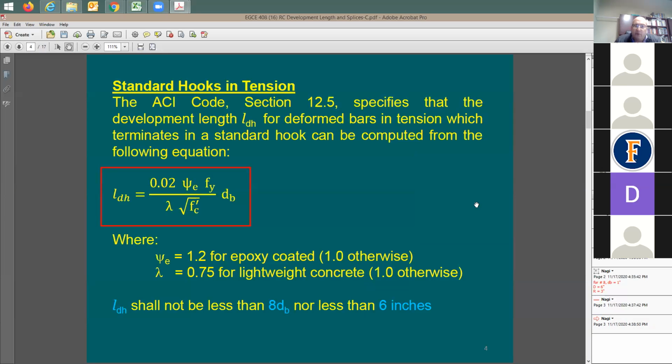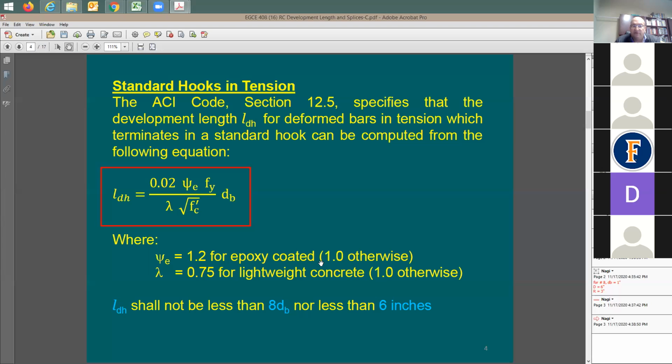Now let's see here, what equation do we have? The equation is going to be much simpler. The straight development length was tougher, right? It was a longer equation. This one is going to be very simple. It says 0.02, this is going to be LDH for the hook, 0.02 times psi sub E. I guess we heard about this psi sub E, right? For the epoxy, it says here it's only 1.2 for epoxy coated.